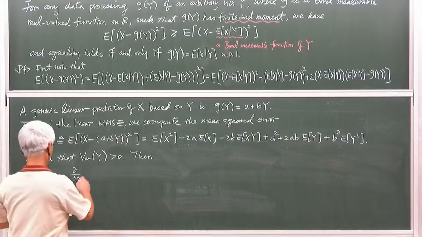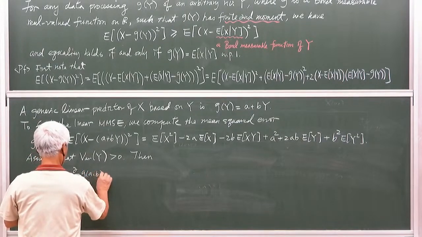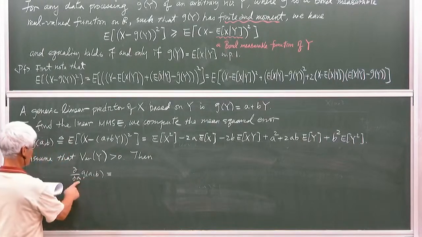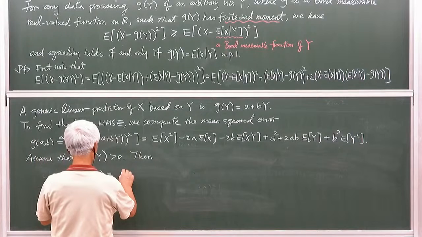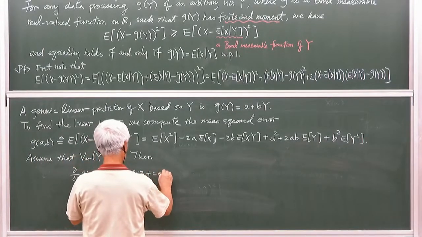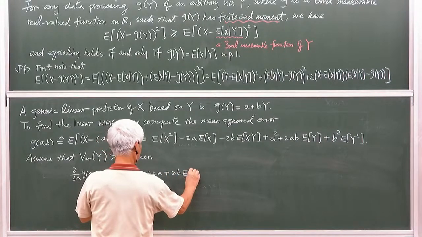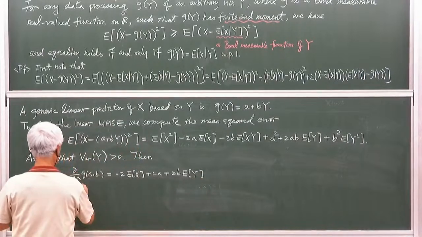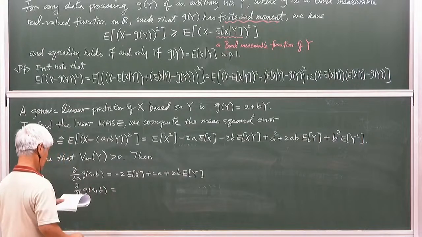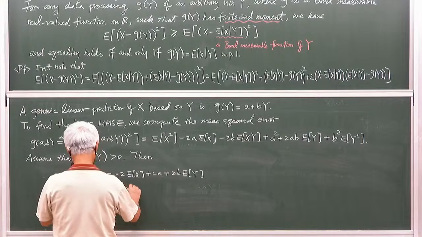First, we take the partial derivative of g with respect to a; the first-order partial derivative gives us this. Here is just a simple argument, which you should know from high school or your freshman year, and minus 2.